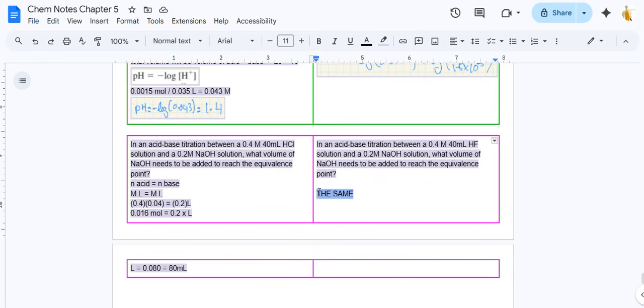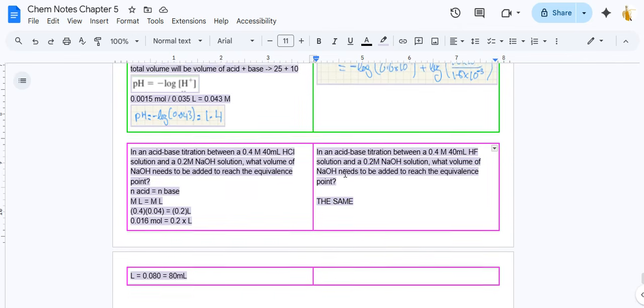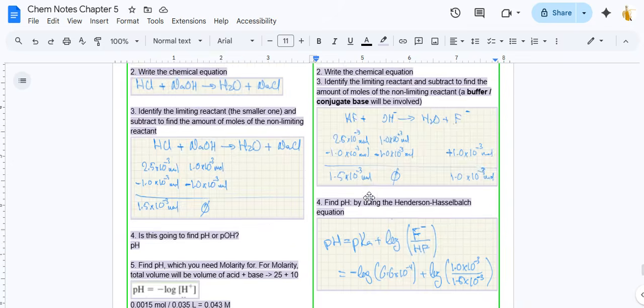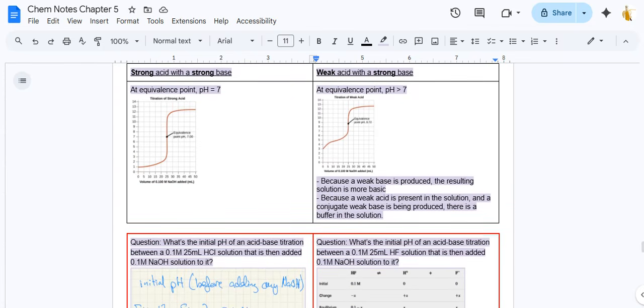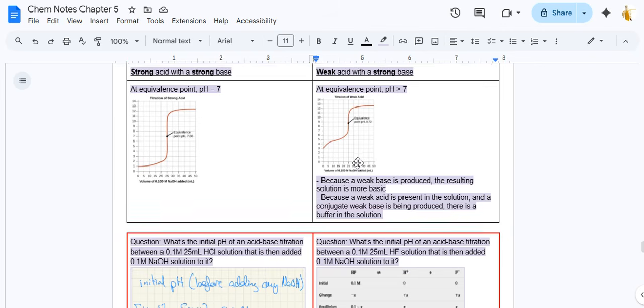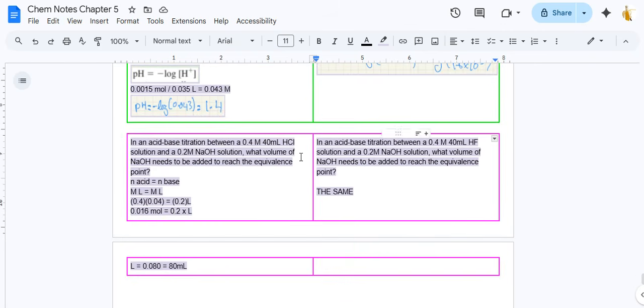And if it asks for a weak acid with a strong base, in these types of questions, you do the same thing of equating that and then plugging in all the values.